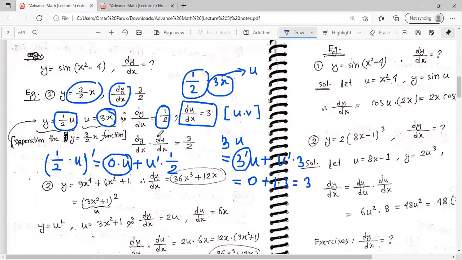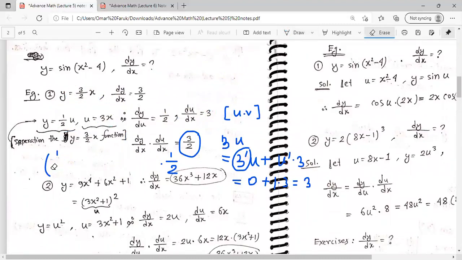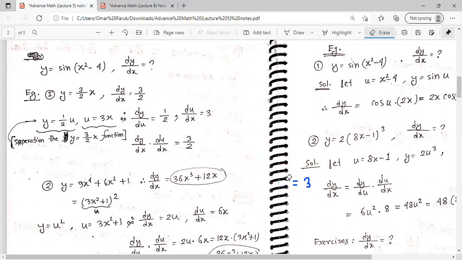So if you multiply, here is our chain rule: dy by du into du by dx is equal to half multiplied by 3. So then we get 3 by 2. So now she just explained a simple function with the chain rule. Nothing more here. We can calculate it using the product rule, but now she explained it using the chain rule.